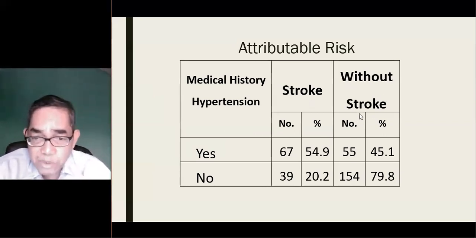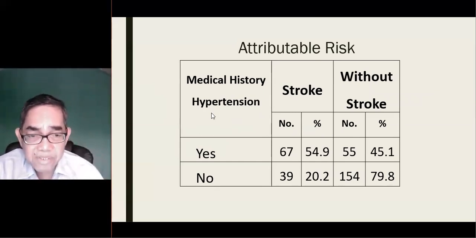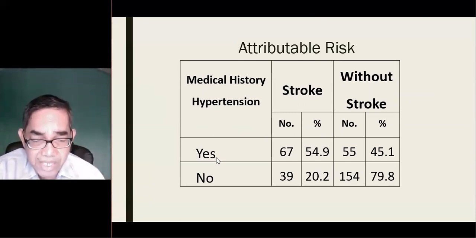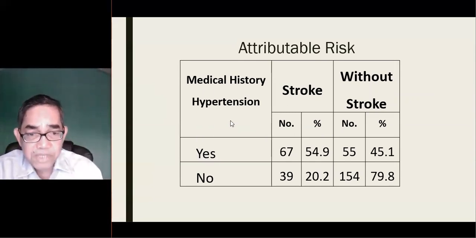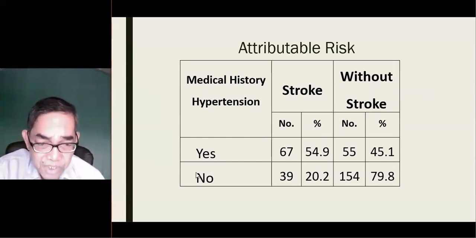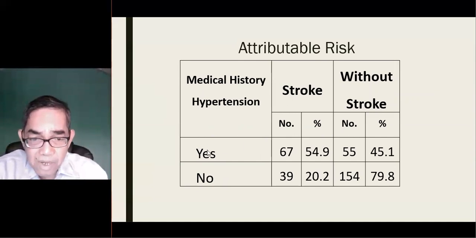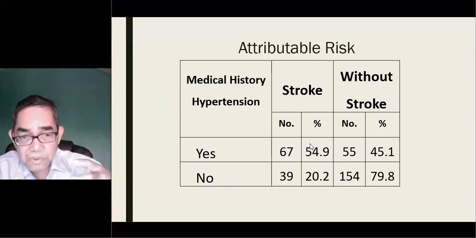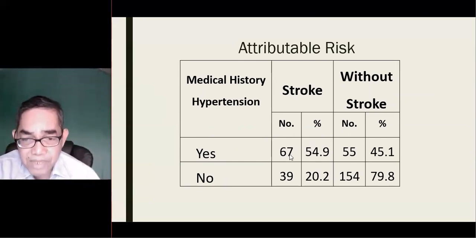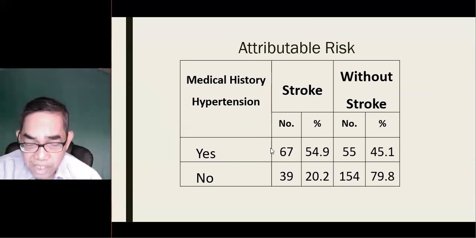Okay, so this is a 2x2 table that talks of the exposure as medical history of hypertension. So if you have medical history of hypertension, you are exposed. If you don't have medical history of hypertension, you are unexposed. And among people who have medical history of hypertension, I didn't put here the total, that will be 67 plus 55.